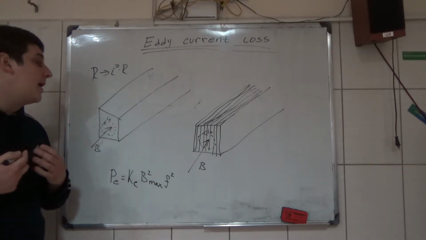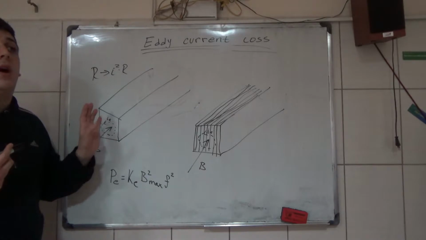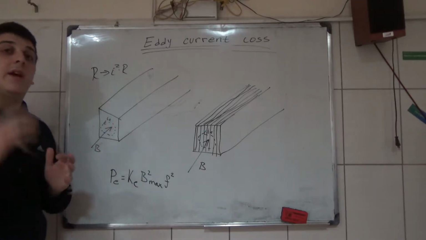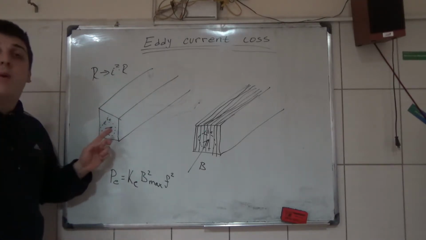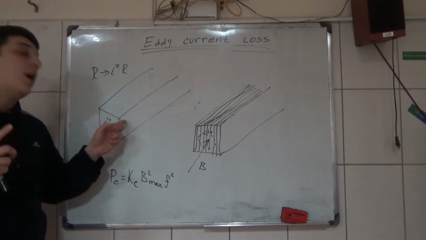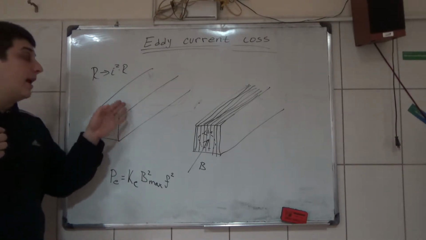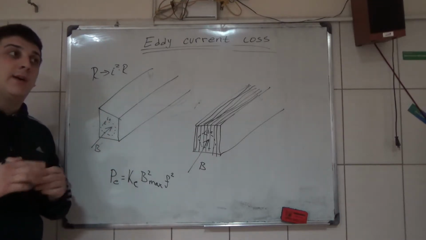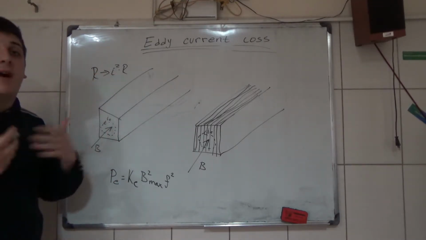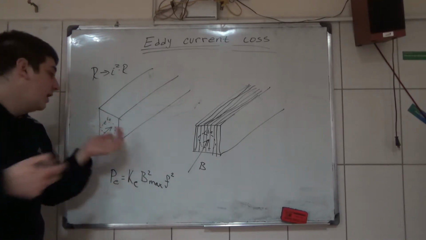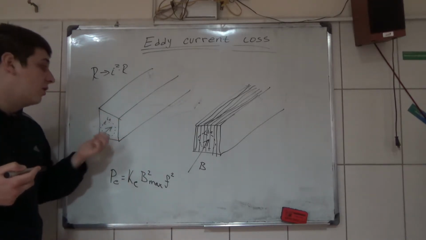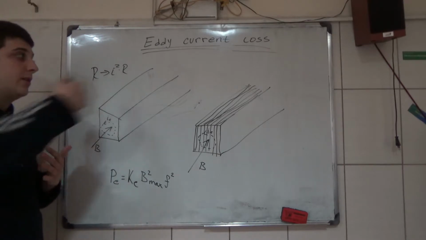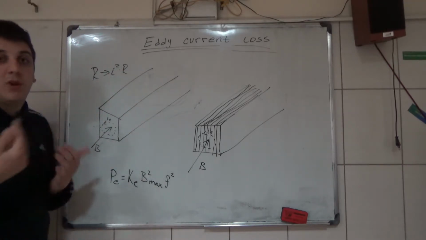So we have to find a way to avoid this current loss. How can we make these core losses smaller? There are two ways. One way is to make the core more resistive, because when we have a more resistive core, we get a smaller induced current, and the smaller the power loss.